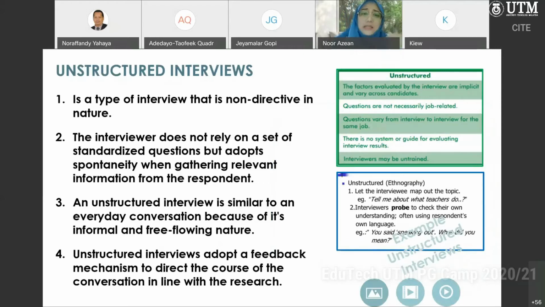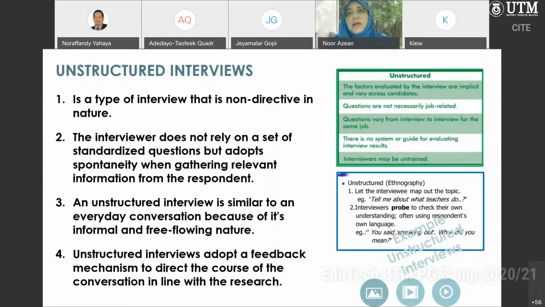The third one, we have the unstructured interviews, right? An unstructured interview is a type of interview that is non-directive in nature.